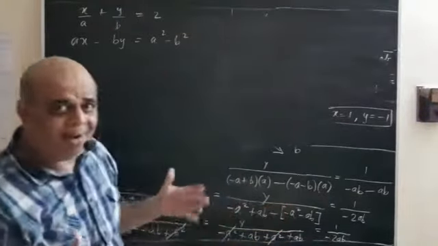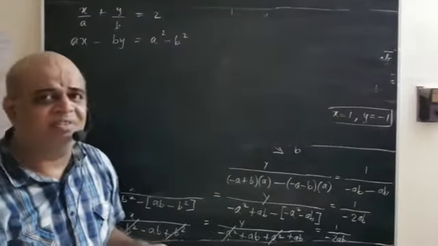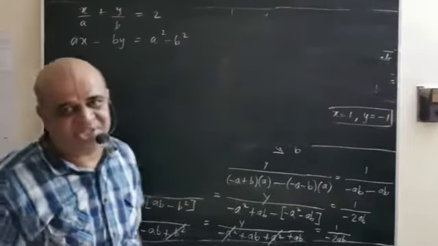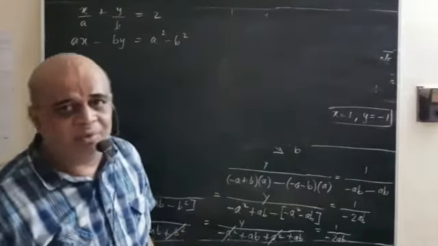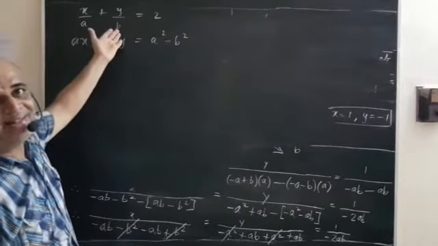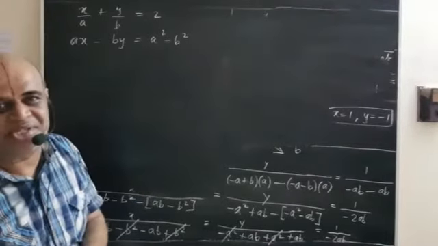Okay, but I have found that students make more number of mistakes when they deal with equations that contain fractions. So my recommendation would be for you to take LCM of a and b and then get rid of the denominator. That way you won't be having fractions.